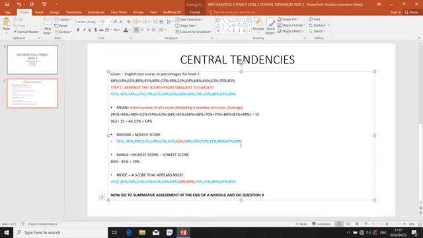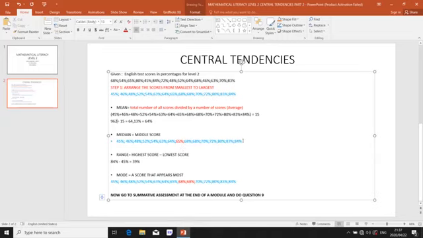Because there are 15 scores, there are 7 on this side and 7 on this side. So the middle one is the 8th score, which is equal to 65%.